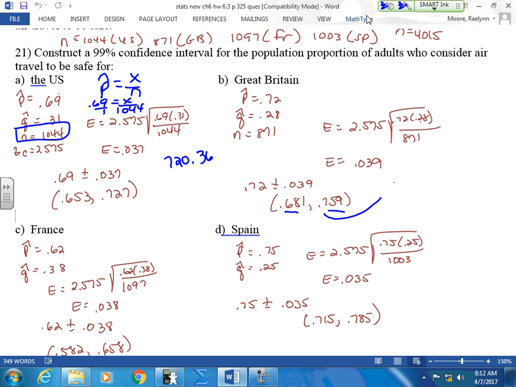I'm doing an inference about my population proportion. Sometimes it's easier to flip this to a percent. I want to be 99% confident that the people who consider air travel to be safe from my population will fall between 68.1% and 75.9% of my population.